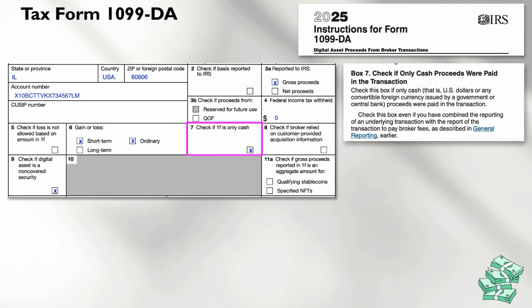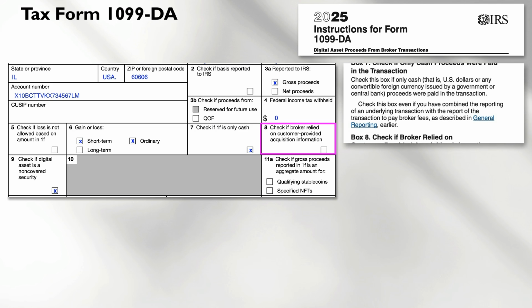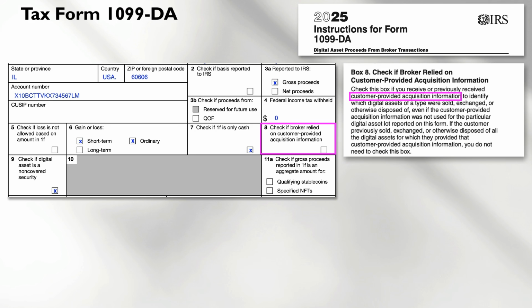If you received other crypto, property, or services instead of cash, this box will not be checked. Box 8 is checked if you transferred assets from another broker or wallet and provided the cost basis information yourself. It indicates that the broker had to rely on cost basis information provided by the customer.